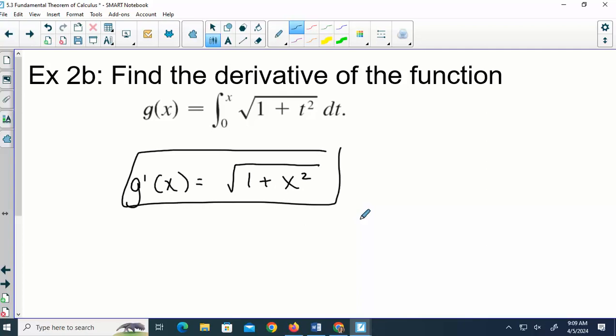But if we know the fundamental theorem of calculus, it saves us time. It does require that the original function be differentiable. So remember, differentiable, it has to be continuous, it has to be defined. So that is something we should recognize here.